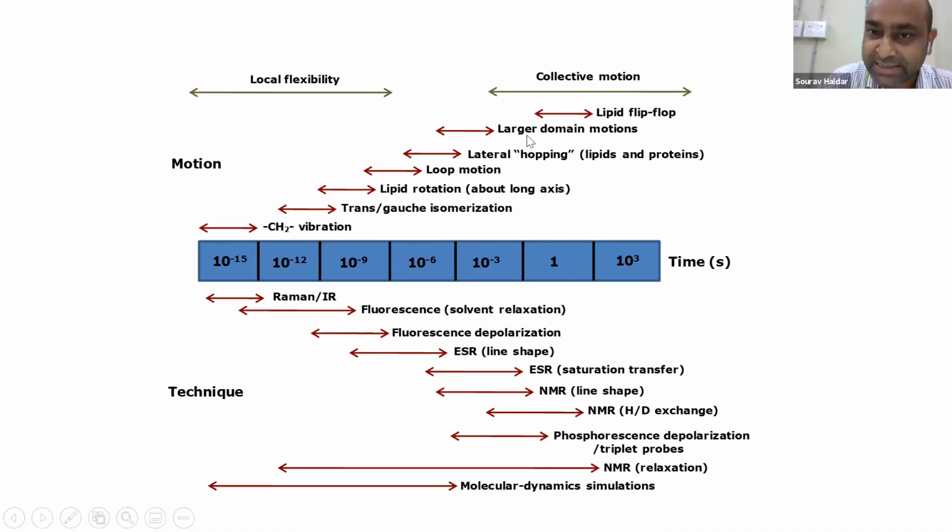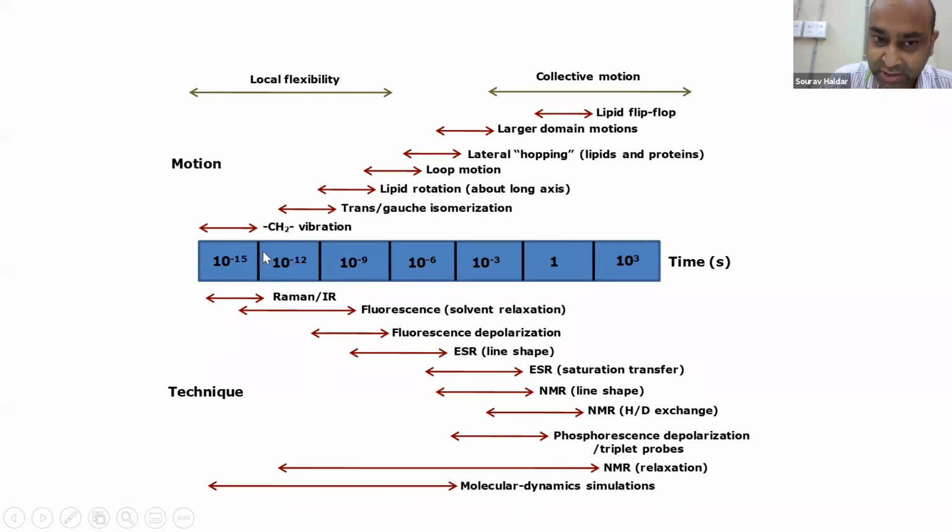Some of the larger motions, for example, larger domain motions or lipid flip-flop, can be studied very easily by NMR, NMR hydrogen deuterium exchange, or even an analogous version of fluorescence anisotropy, that is phosphorescence depolarization or phosphorescence anisotropy.